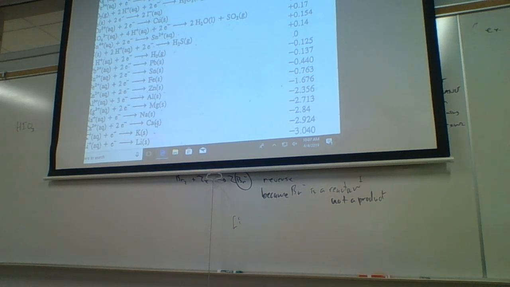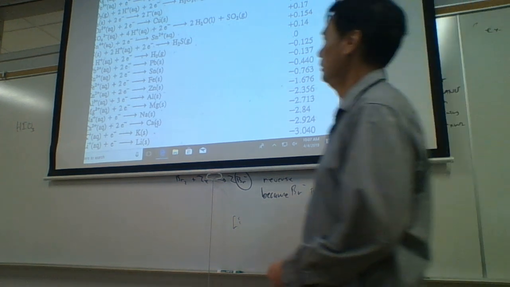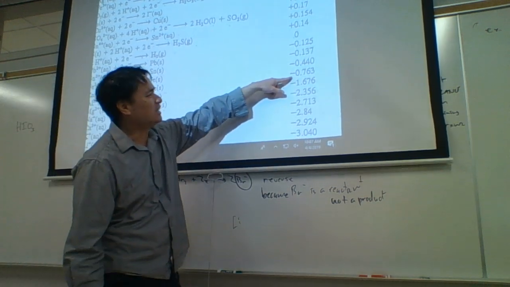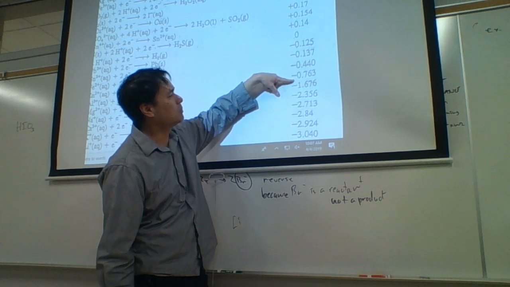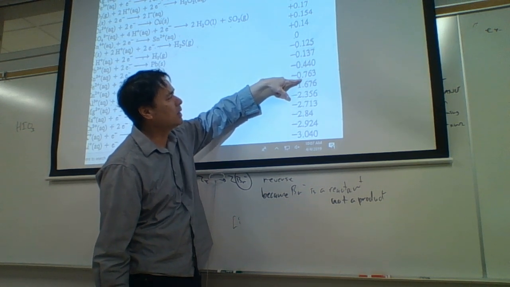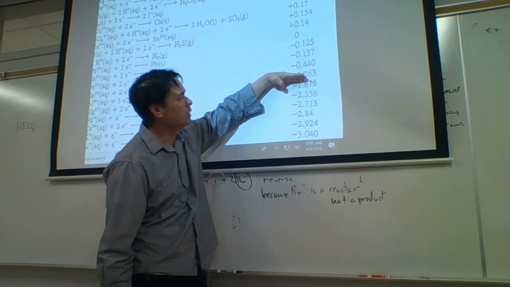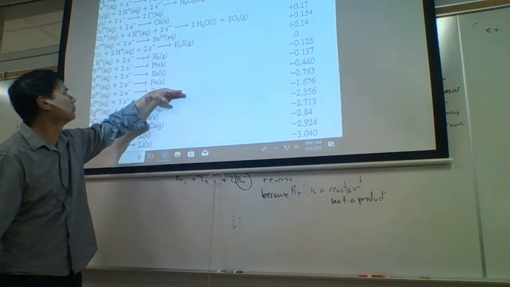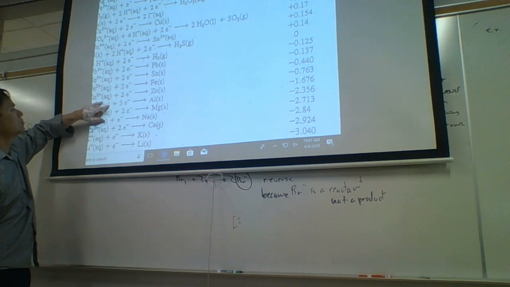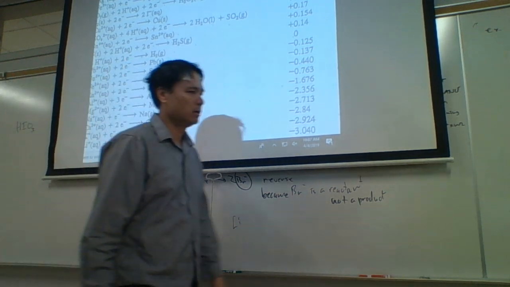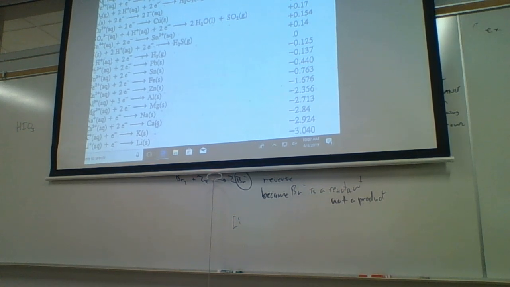Minus 0.828 puts it between these two. This is minus 0.763, this is minus 1.676. So it's in between these two here. That is, it's between zinc 2 and aluminum 3.